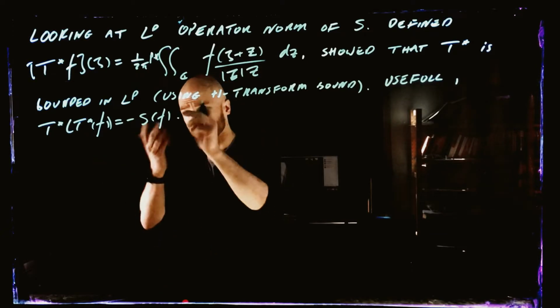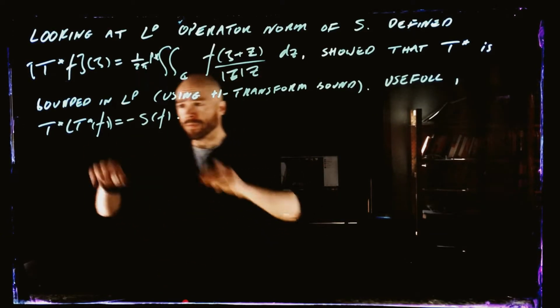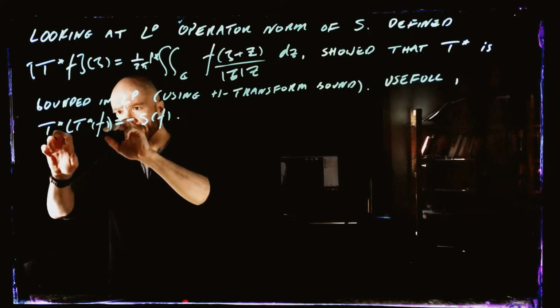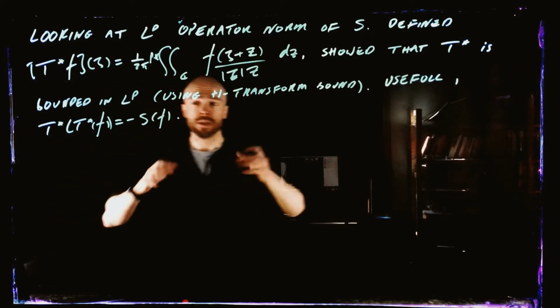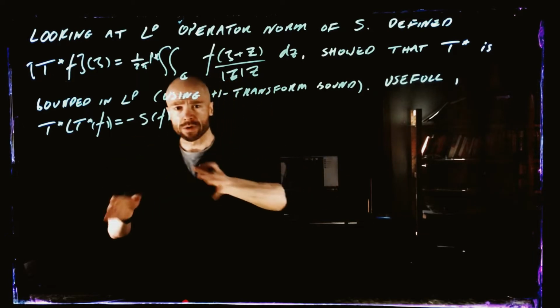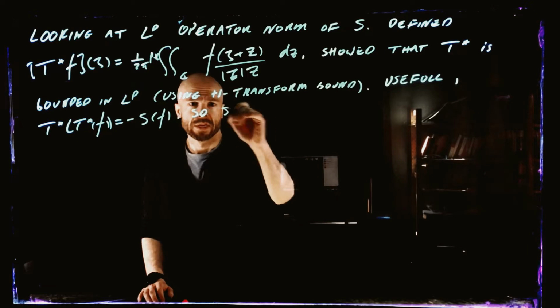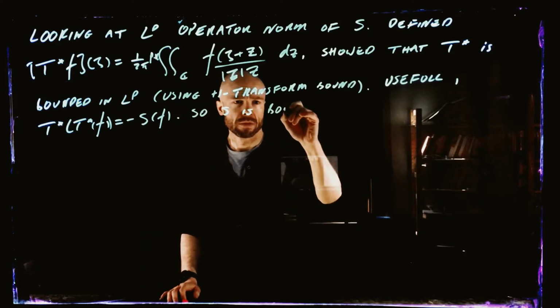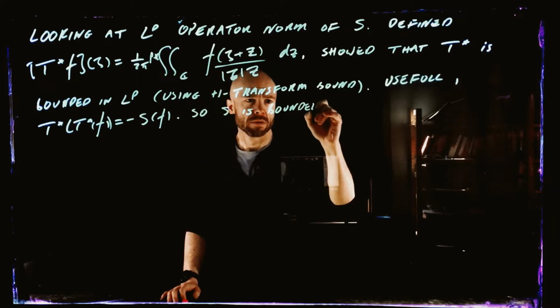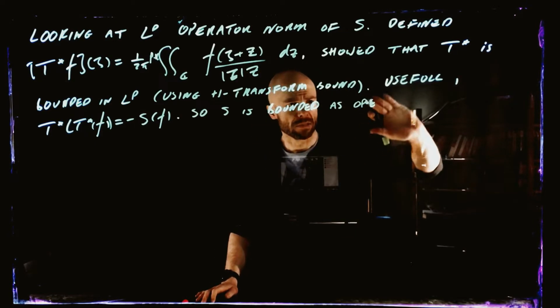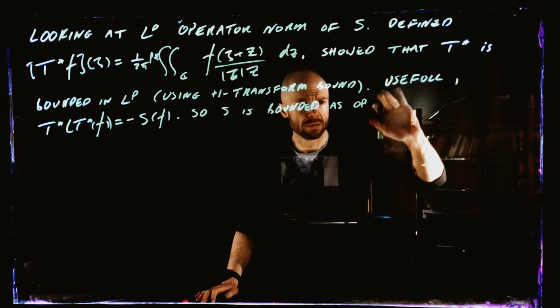Take f in LP, that's the same as taking T star of f, which again is in LP, and then take T star of that thing, which again is in LP, and the bound will be controlled. So all of that stuff is fine. So S is bounded in LP, or bounded as an operator. I'm going to say op dot for operator now.